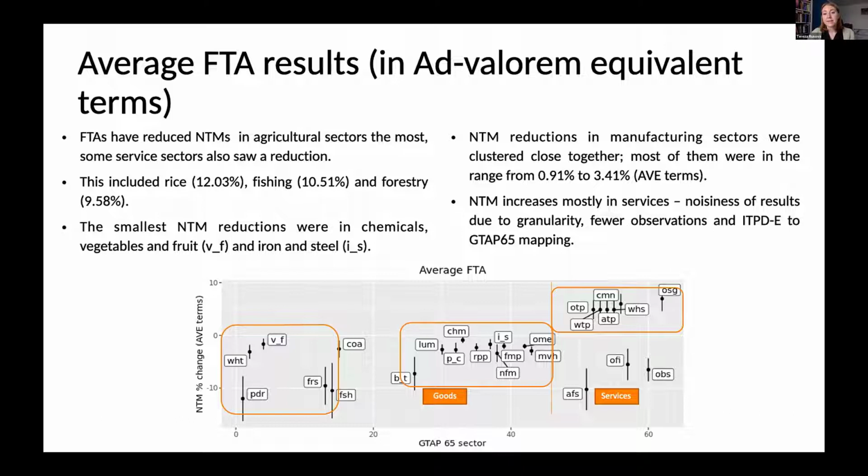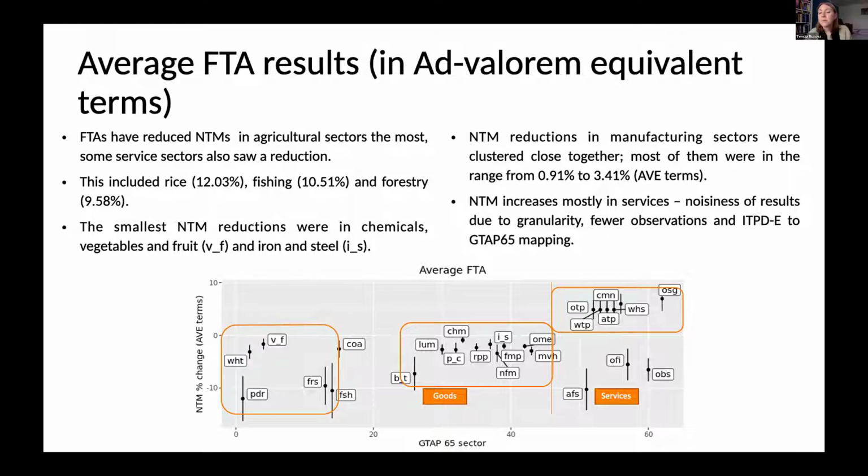And then, as I pointed out earlier, we see some NTM increase in some services sectors. So you can see the four dots in the same line on the right-hand side in the corner. Those map onto the same ITPD sector in our core data, so we have to map onto the GTAP 65 level to do this modeling.